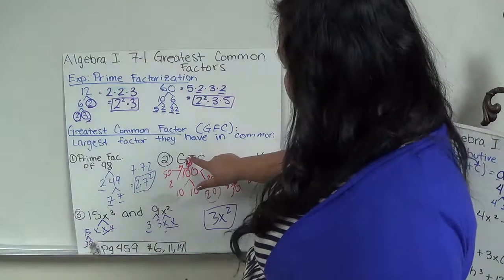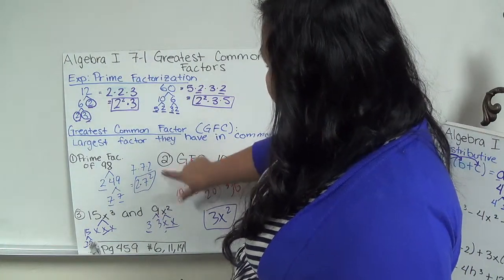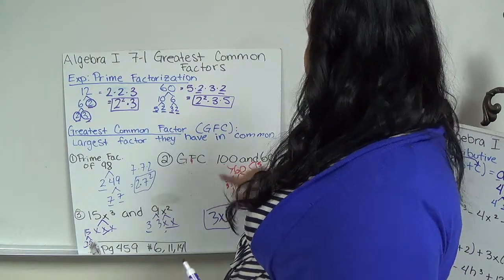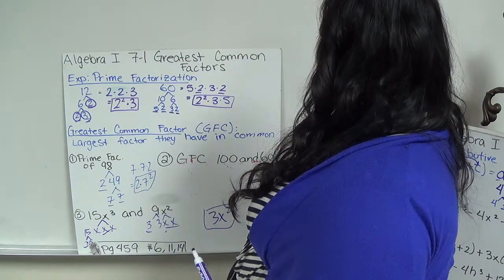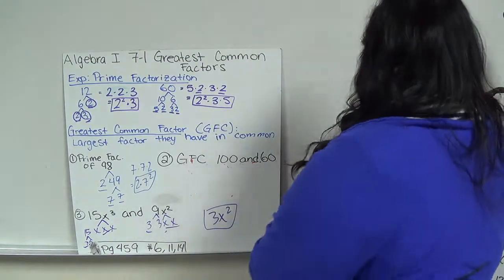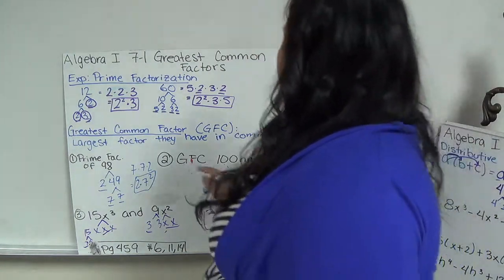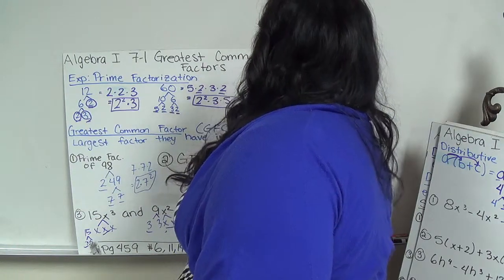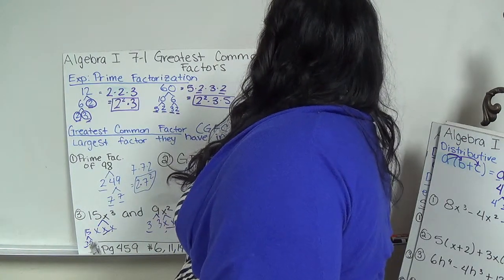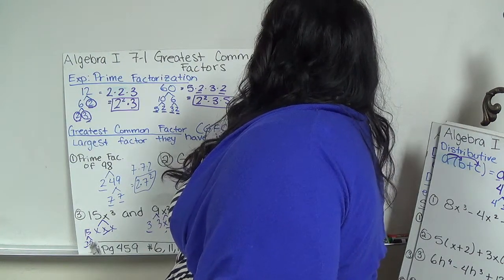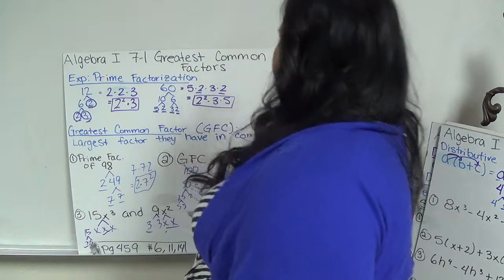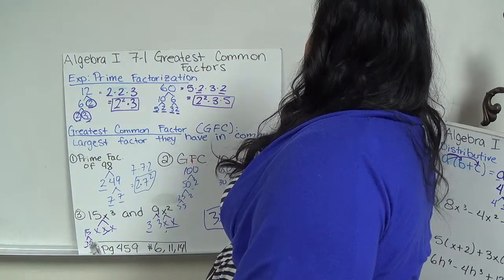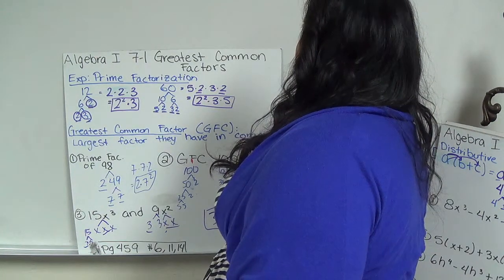So I think, actually, we can do the same thing with the previous problem. I don't know why I didn't think of this, because that was super confusing, and I don't want to confuse you even more. So let's try the same concept. Let's break it down to its primes and see what they have in common. That might be easier. If I have 100, I know it's 50 times 2, 25 times 2, and 5 times 5. These are my primes. And I know 60 is 30 times 2, 15 times 2, 3 times 5.